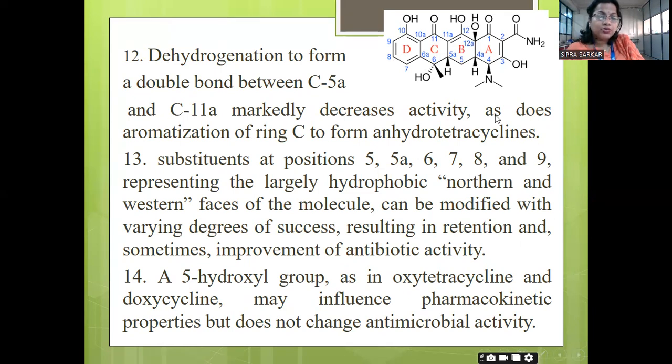That means if largely hydrophobic structures are substituted at positions 5, 6, 7, 8, and 9, the northern and western faces of the molecule can be modified with varying degrees of success, resulting in retention and sometimes improvement of antibiotic activity. The 5-position hydroxyl group in oxytetracycline and doxycycline may influence pharmacokinetic properties but does not change antimicrobial properties. Okay.